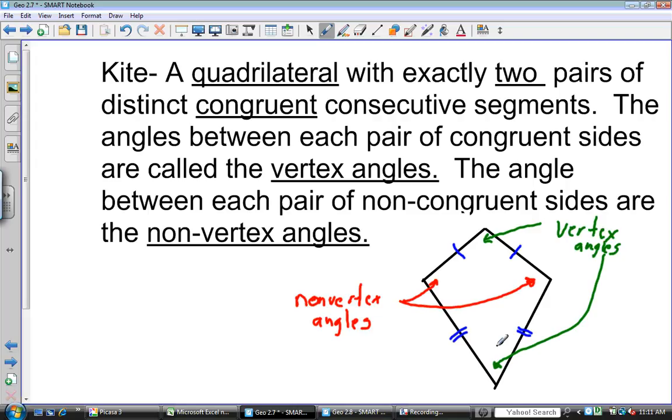Now orientation is not important. The vertex angle is the angle between two congruent sides. These two are congruent, so that would be a vertex. The non-vertex angles are the angles that are not in between. So this is not congruent to this, so that would be non-vertex.